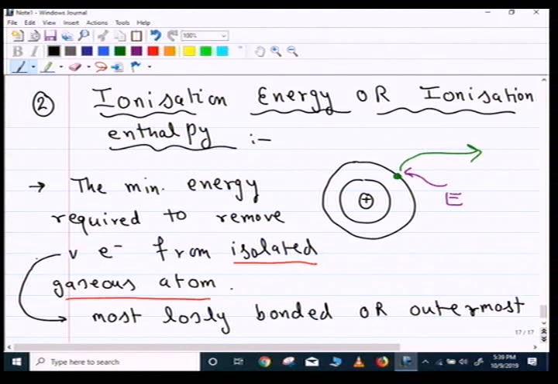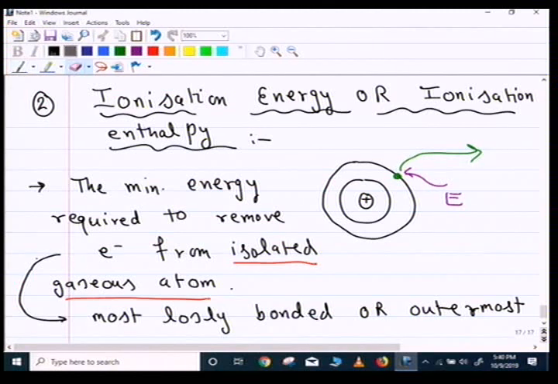Isolated means it is not bonded to any other atom. Single atom, single atom in the gaseous state. That is the meaning of isolated gaseous atom, meaning free state. This is not a V, this is just a symbol, dear.